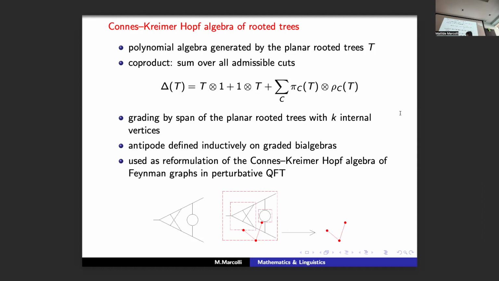So if I look at this Feynman graph here, I know that there's, for example, this subgraph that I can extract, or this subgraph that I can extract. In this case, they are both subgraphs of the same graph, but none of them is a subgraph of the other.